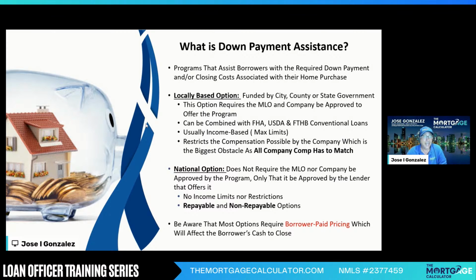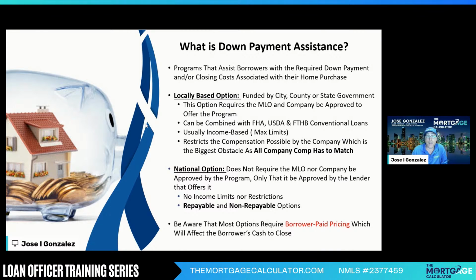So another key component here is that the national option does not have income limits, nor any type of restrictions, like for first time home buyer or anything like that. No income limits, no first time home buyer requirements of any type.